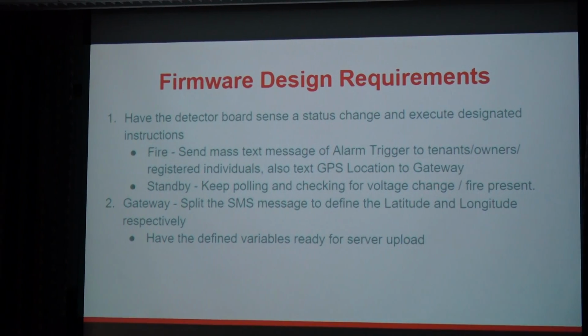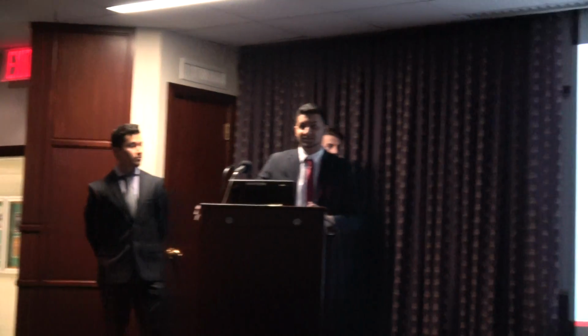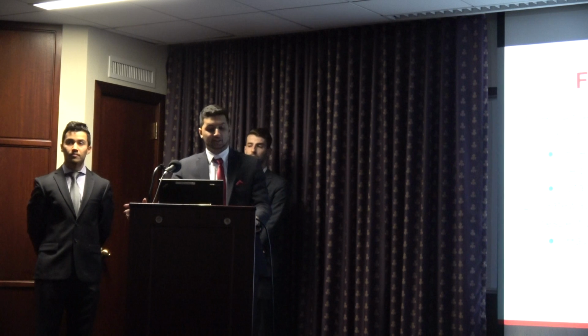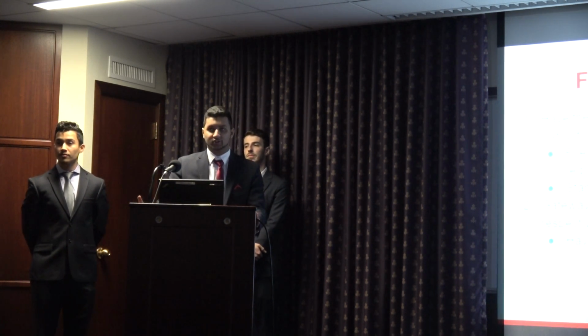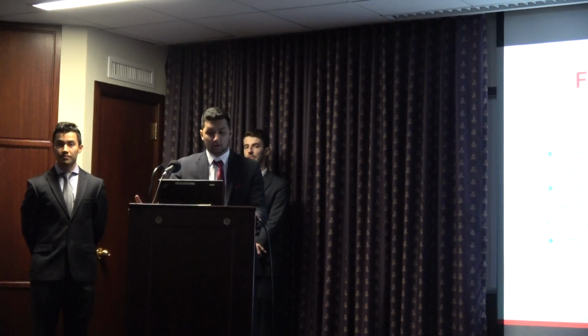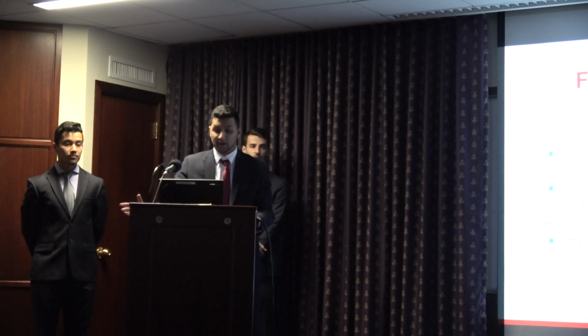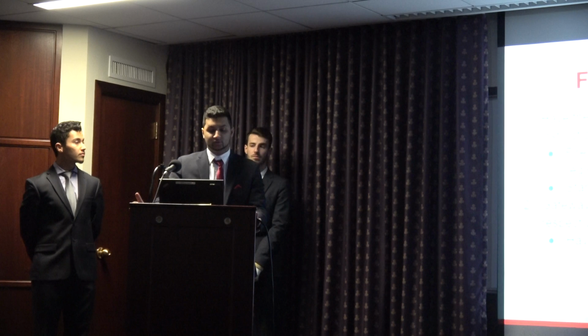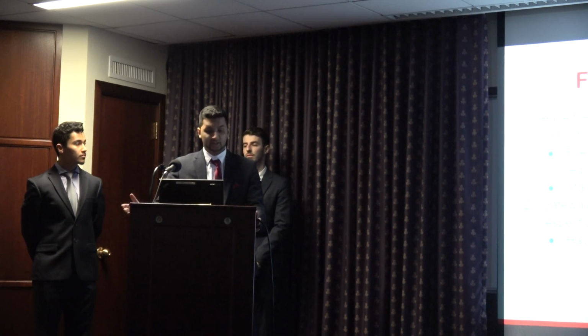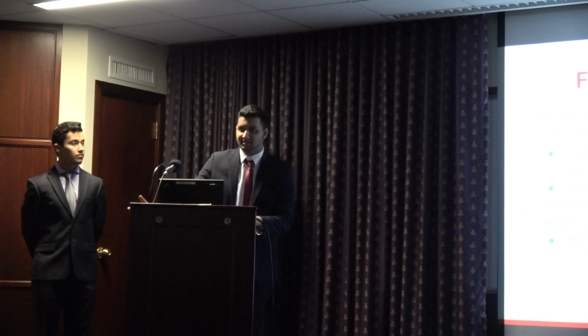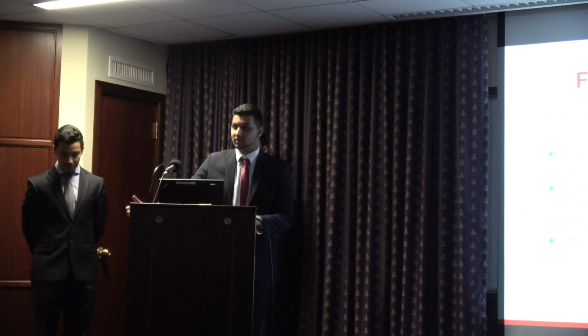So in terms of the firmware, what we want is the detector to basically sense the output coming from the detection circuit and execute certain instructions based on the voltage value. If it detects the millivolt values, it will send the instructions for fire, where it will send a mass text message to certain individuals.